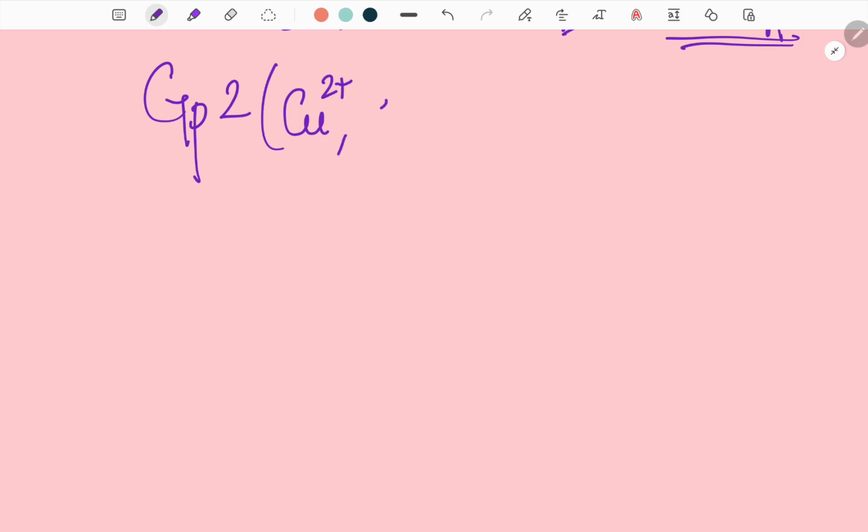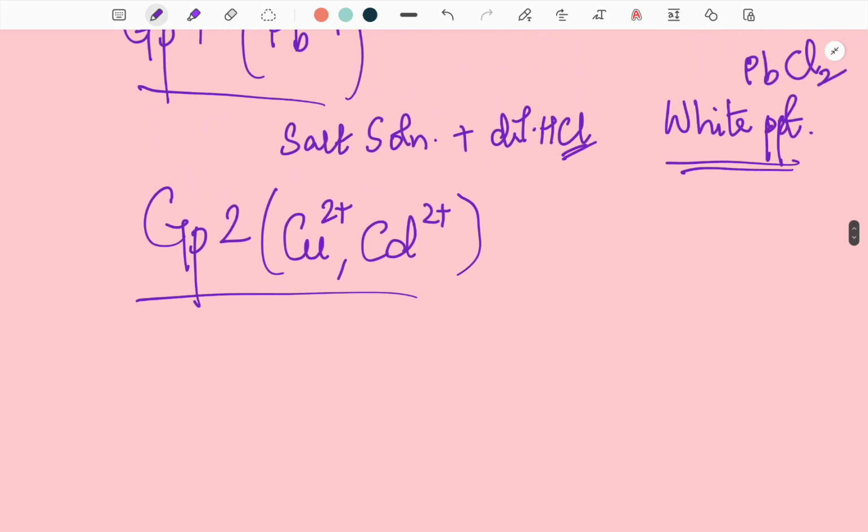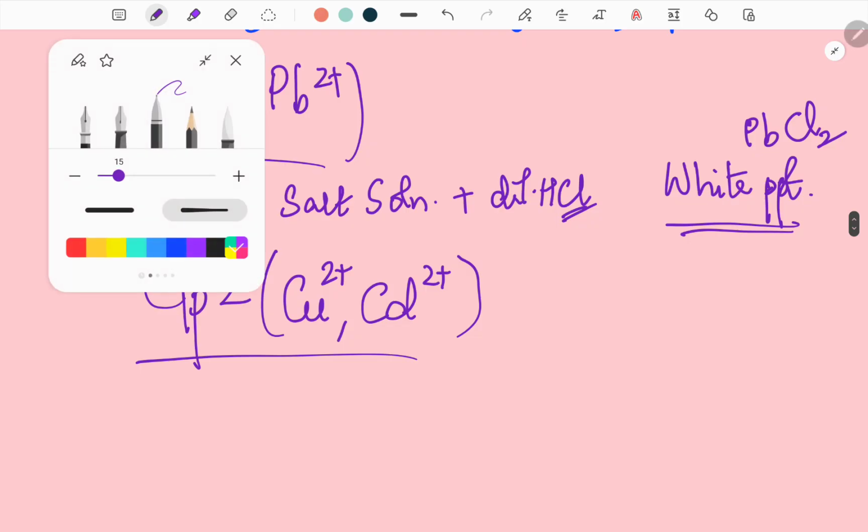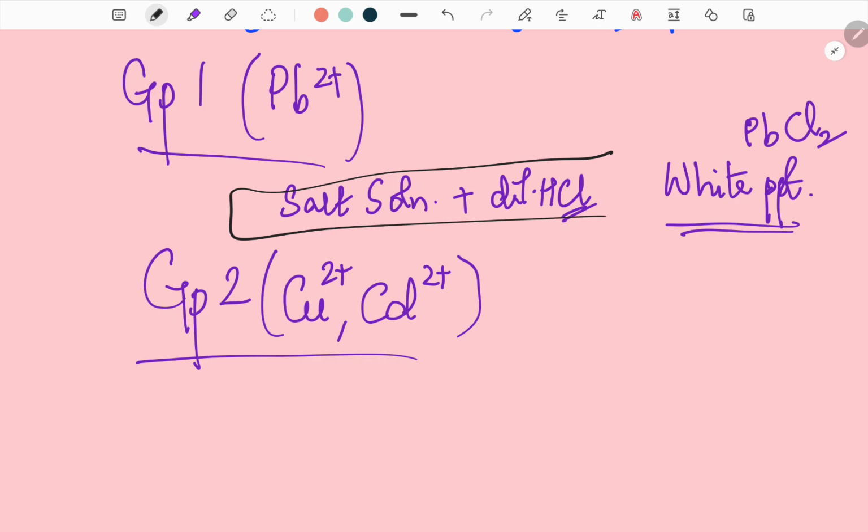Now, we have group 2. Group 2 comprises copper ion and cadmium ion. In group 2, we need to just use the solution that we used for group 1. So when you are not getting a precipitate, let's say you are not getting a white precipitate, then you have to ensure that you don't discard the test tube.